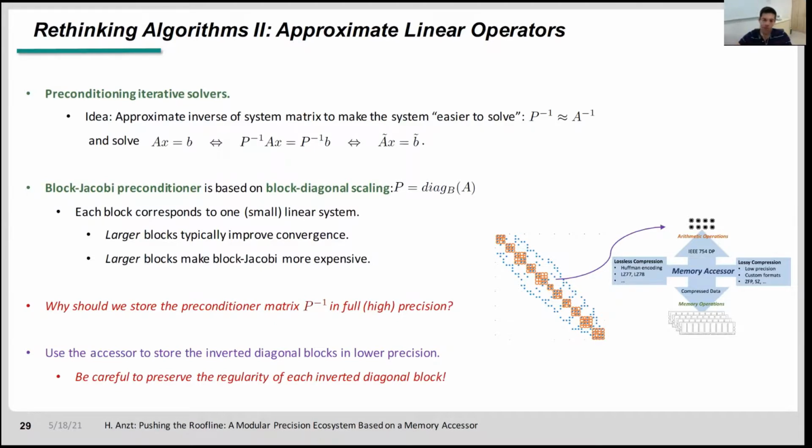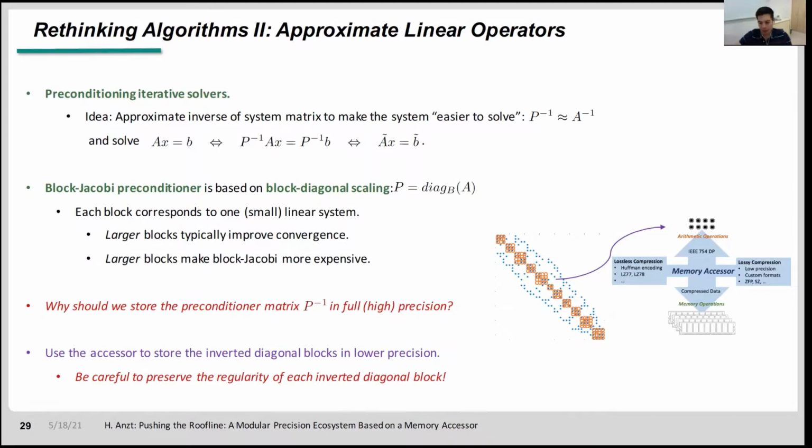However, we have to be very careful. Because we have to preserve the regularity of the preconditioner, we have to check for each diagonal block, or each inverted diagonal block, what is the condition number, how much accuracy of the preconditioner do I want to preserve, and what is the value range. Because if I cast to single or half precision, it could also happen that I run into overflow or underflow.